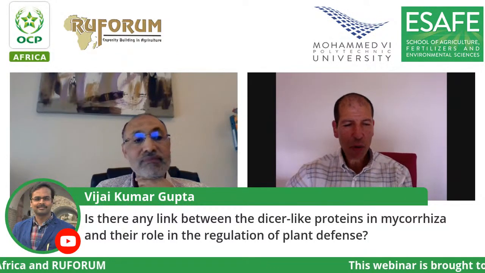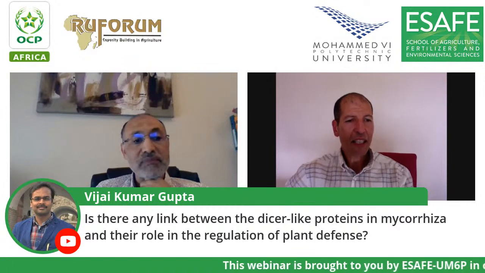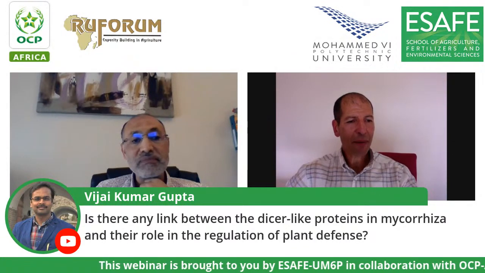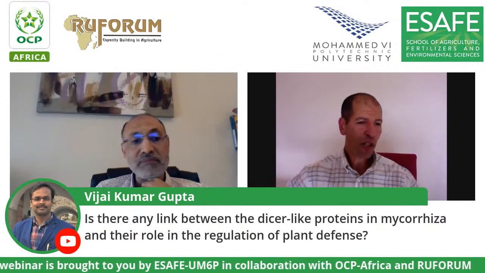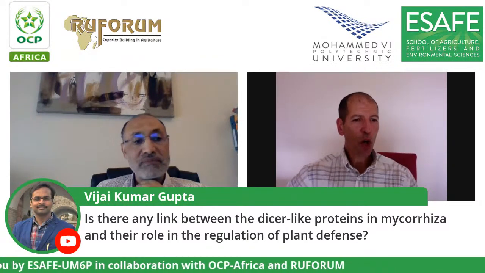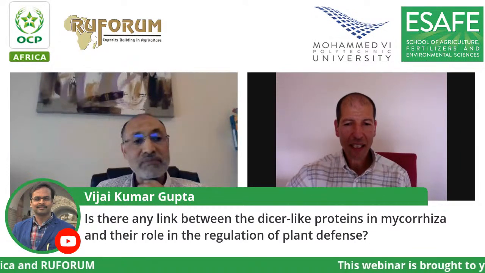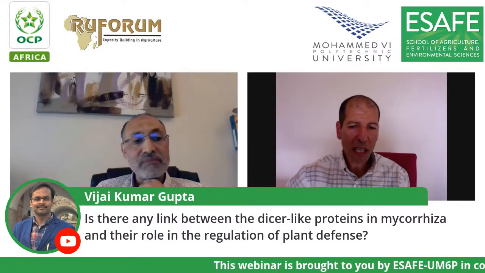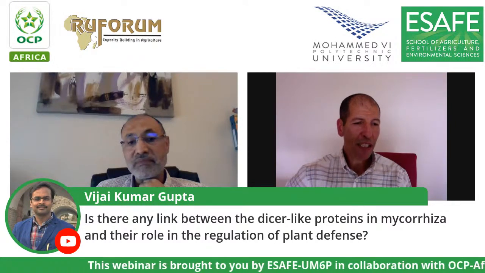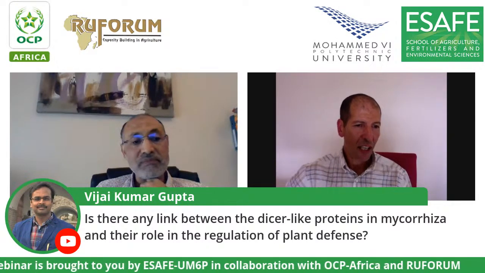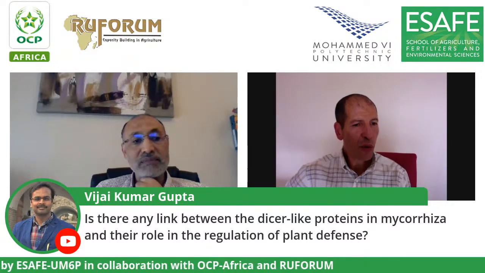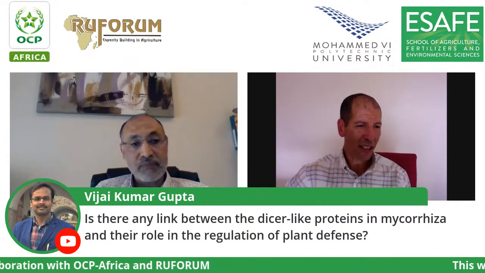The dicer-like proteins in mycorrhiza are typically to protect mycorrhiza against virus attack. So probably, the fact that mycorrhiza are living intimately with plants, it could be linked to plant defense. So I think that there is a link, but we have to demonstrate.